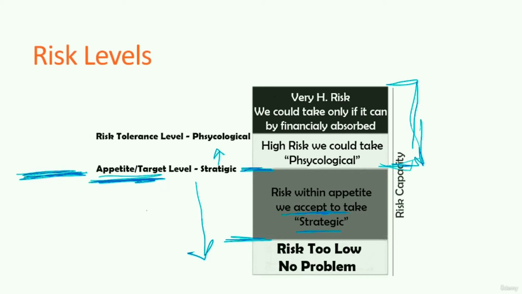But in some situations, we might have a risk that is exceeding the appetite level, but for some psychological reasons, the risk manager or the one who is taking the decision of dealing with risk might decide to accept this risk because it is still within the risk tolerance level. And risk tolerance level refers to the level of risk that we are able to manage financially. We are in a good financial standing to absorb this risk even if it occurred.